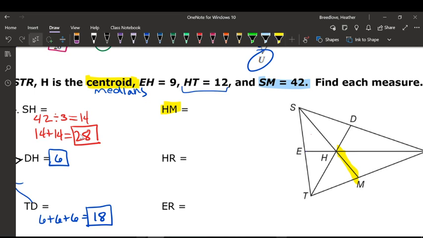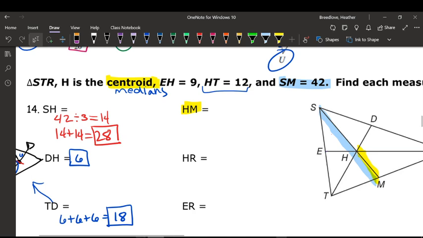It doesn't tell me anything about HM, but it does tell me that SM was 42. Oh, I should have done this one second. From the first part, I already figured that out, right? I already figured out that SH was 28 and that each of these pieces was 14. So I shouldn't have erased that. This was 14, and this was 14, and this was 14. So I already know this one, that's 14.